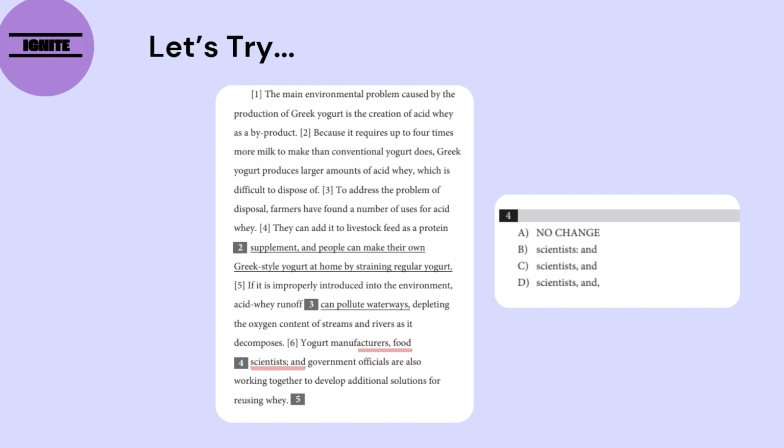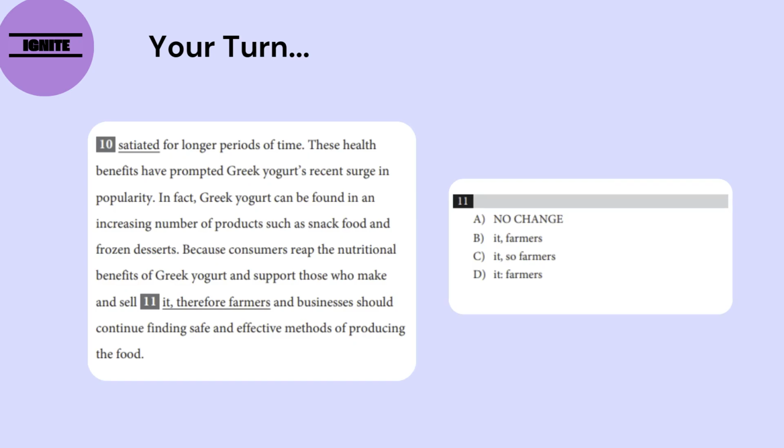Between manufacturers and food, there is one comma, so between scientists and there also needs to be one comma. Note, between the words and government, the basic writing conventions do not require a comma for the SAT. So the answer would be C, and that would be correct. Now that we've gone through a problem, how about you guys try?